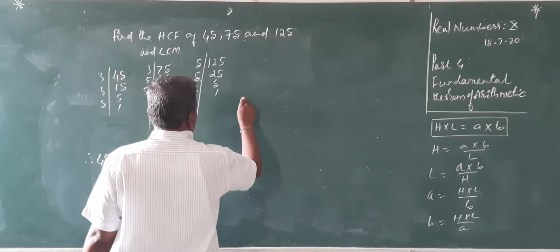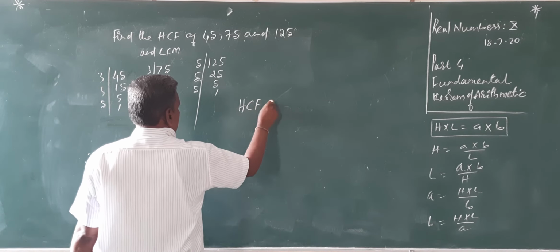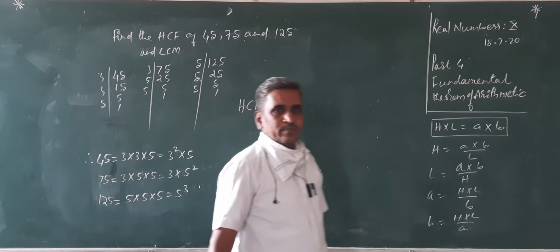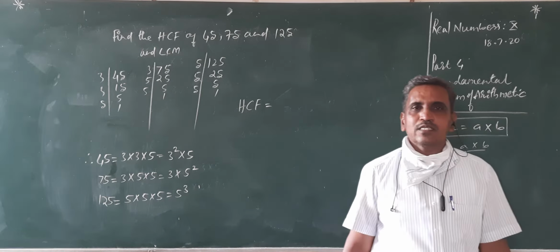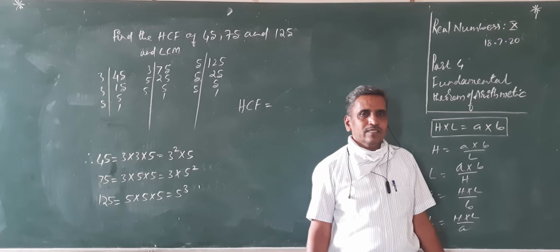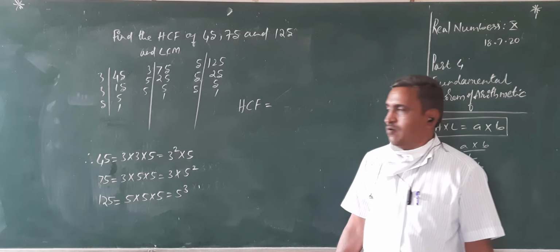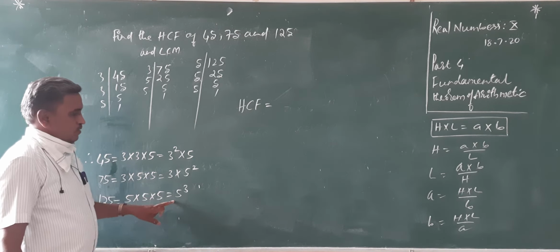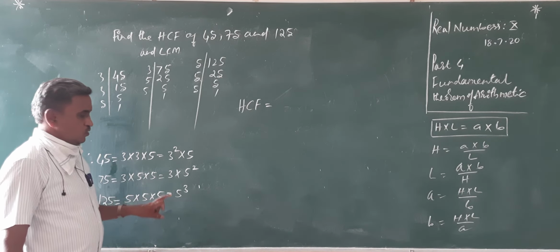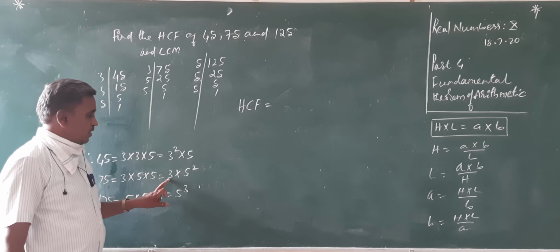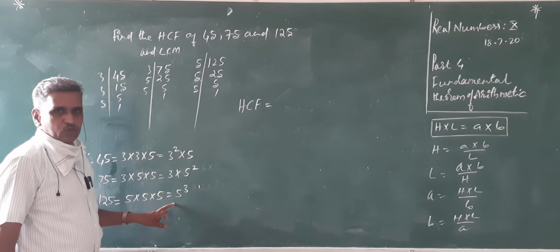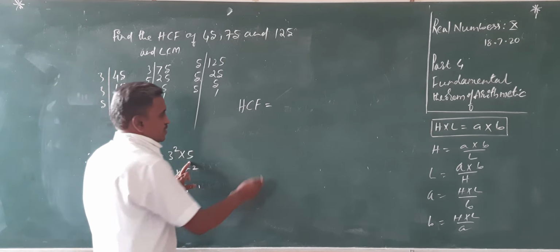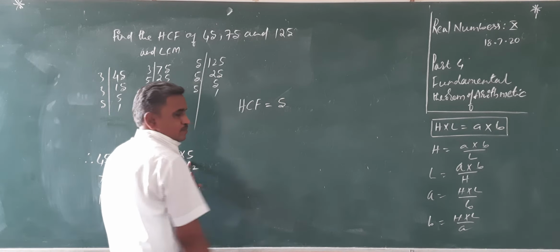So let's see. Once again, for the HCF, the first condition is common factors, the second condition is lowest power. 3 is not common in all of them, so 3 to the power 0 is 1. So 1 is accepted. 5 is common with the lowest power, so the answer is 5.